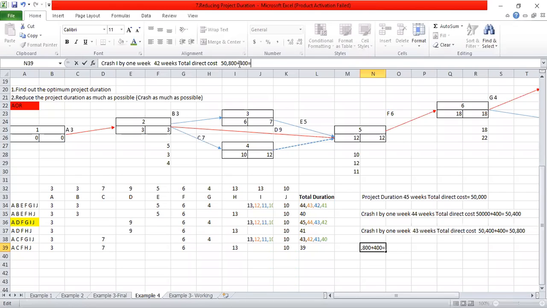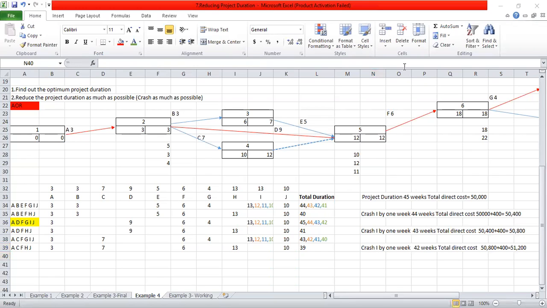So what is the value you are getting? 51,200. $51,200.